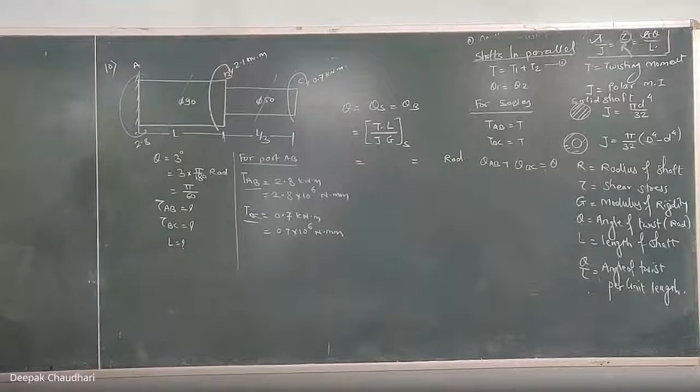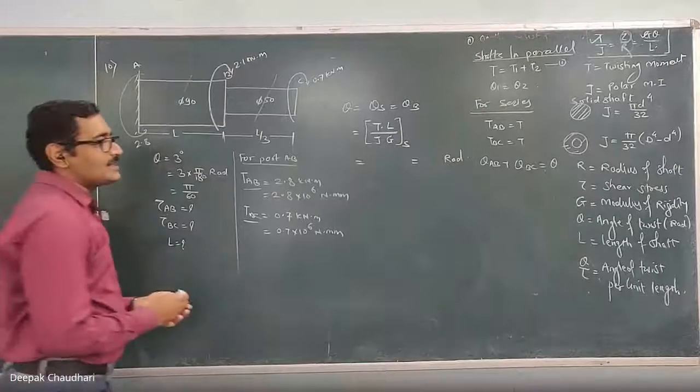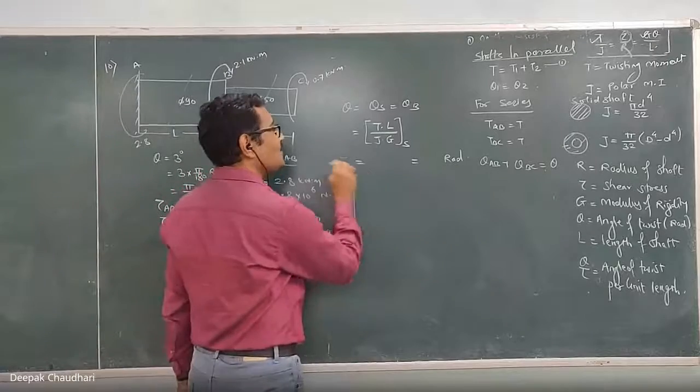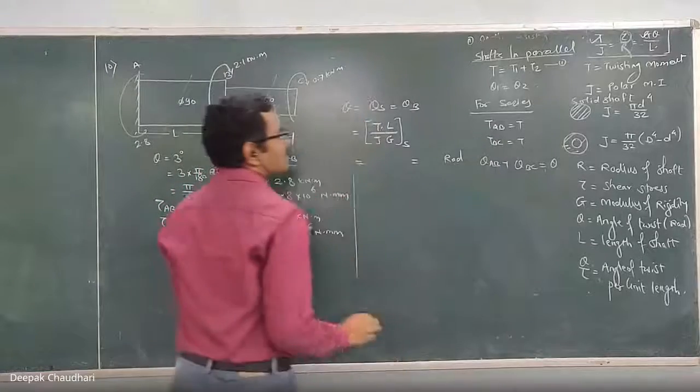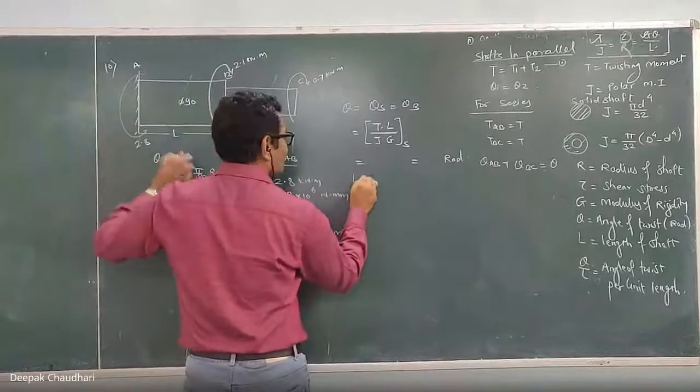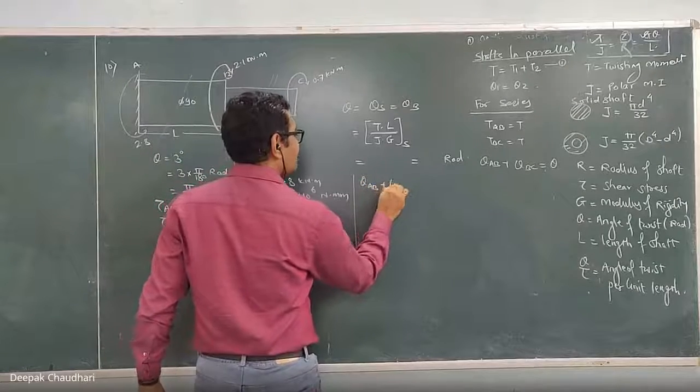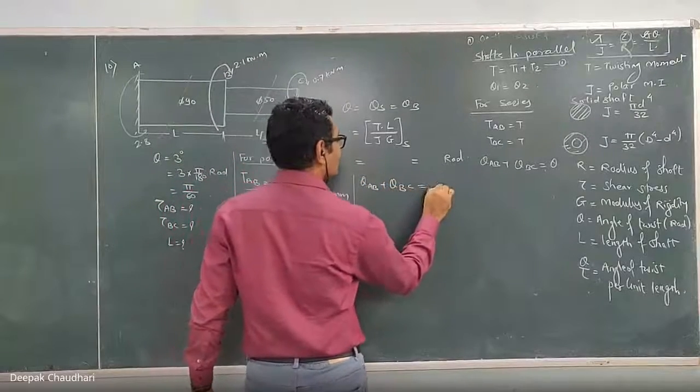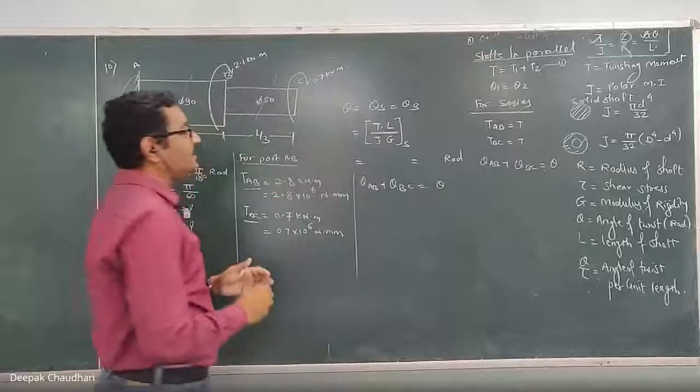Now the total angle of twist is given. We know that when the shafts are connected in series, the angle of twist in the part AB plus the angle of twist in the part BC equals the total angle of twist theta, which is given as 3 degrees.